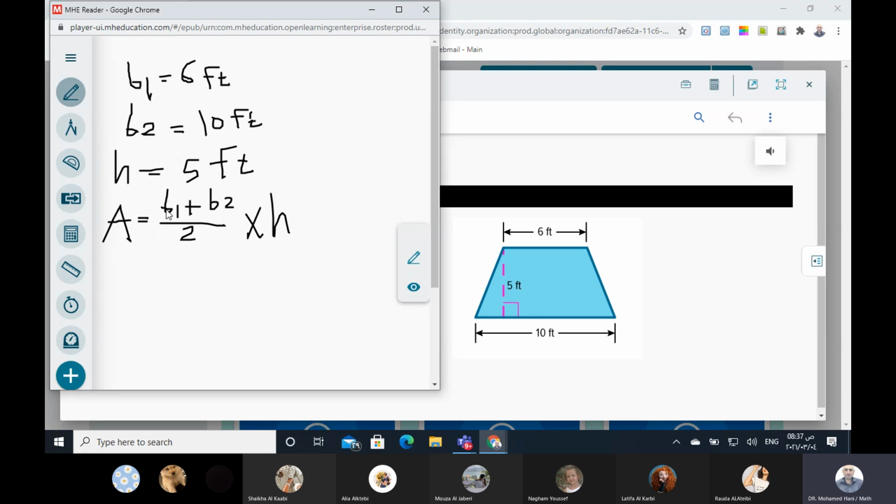A equals P1 plus P2 divided by 2 times H. So P1 means 6, plus P2 means 10, divided by 2, times the height, which will be 5.